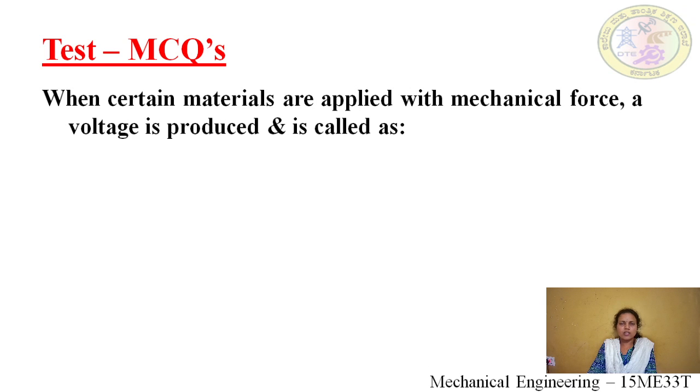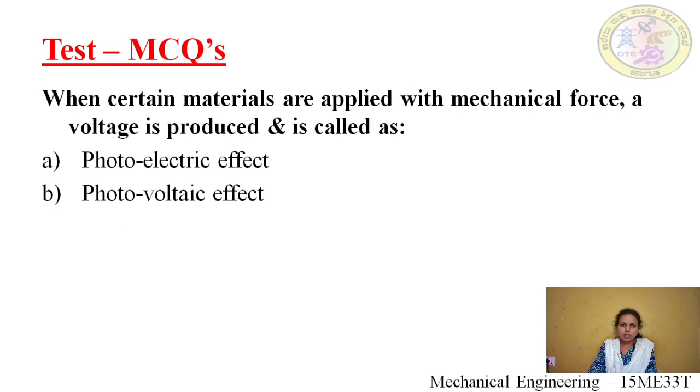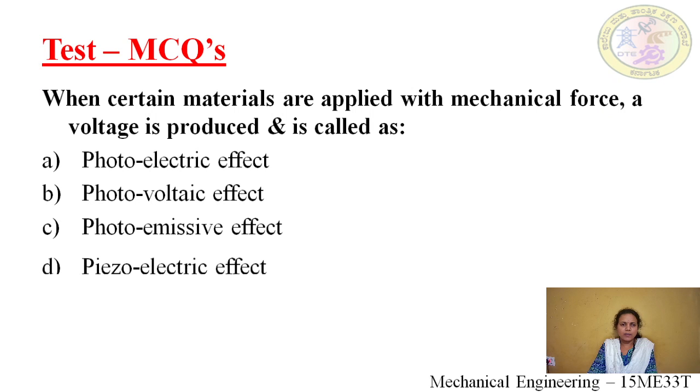The first question is: when materials are applied with mechanical force, a voltage is produced. It is called as: first option, photoelectric effect; second, photovoltaic effect; third, photoemissive effect; and the fourth, piezoelectric effect.